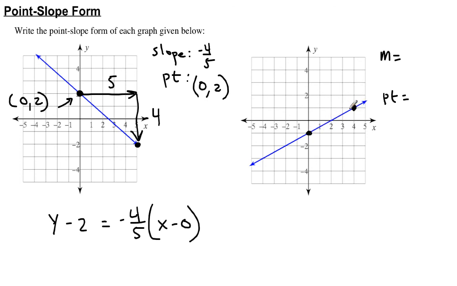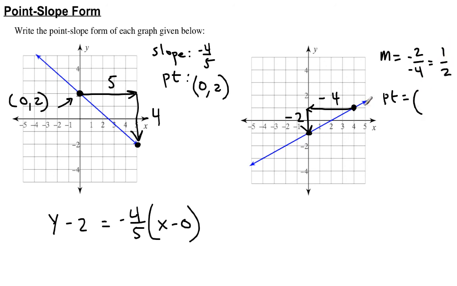Okay, so I see us going left and then down. Okay, so we go left 4 or -4, and we go down 2 or -2. So our slope is -2 over -4, right, which is +1/2.